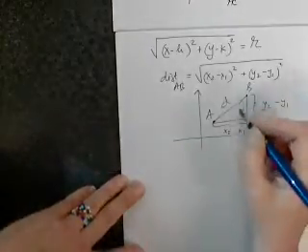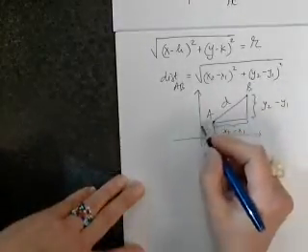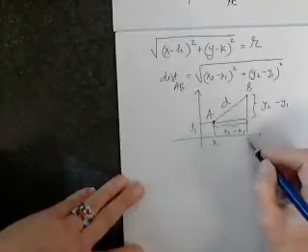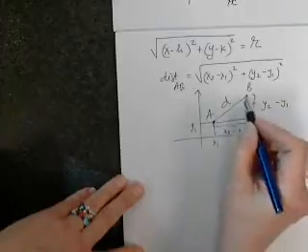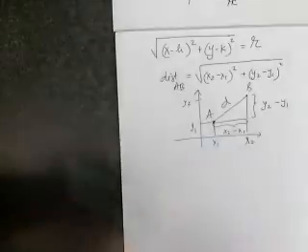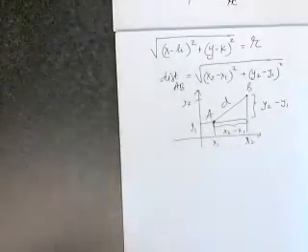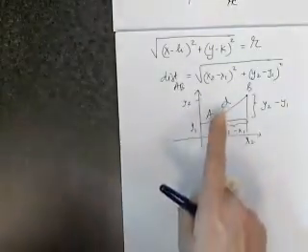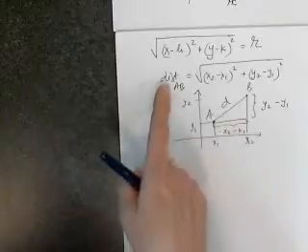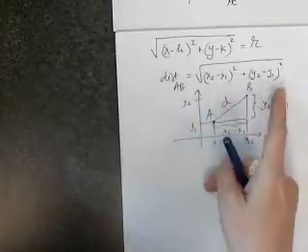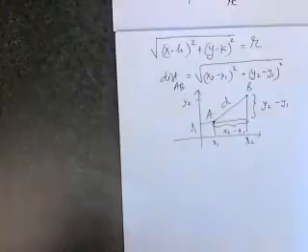And this is the distance. This is x1, y1, and x2, y2. So the distance squared will be x2 minus x1 squared plus y2 minus y1 squared, and we take the square root from both sides.